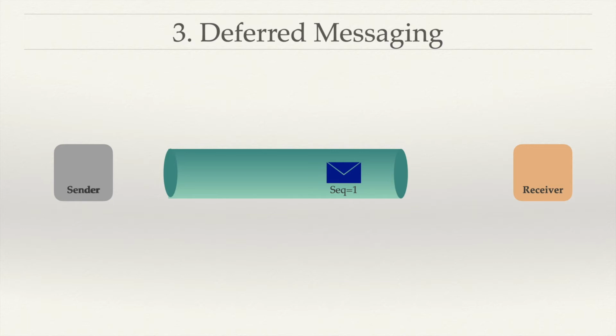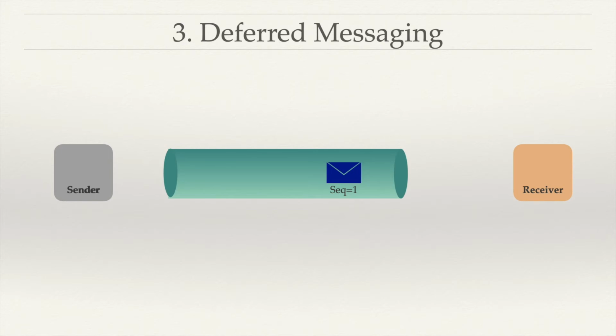Basically, the receiver will use the sequence number property of the message. So whenever the receiver defers a message, it is based on the sequence number that the deferral works.